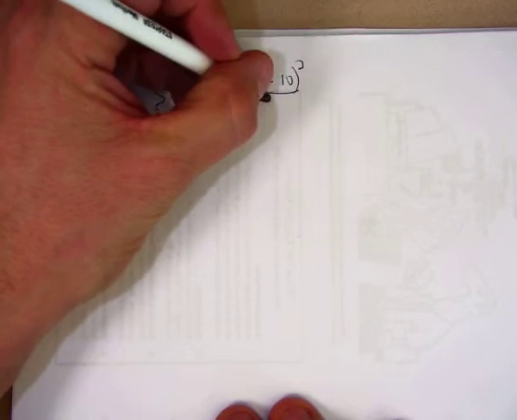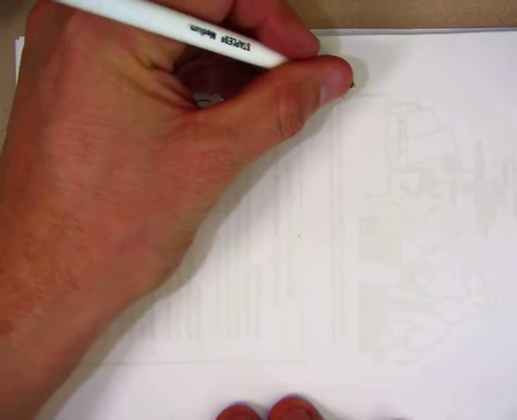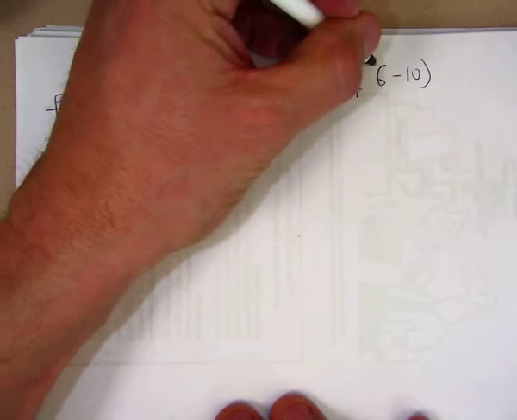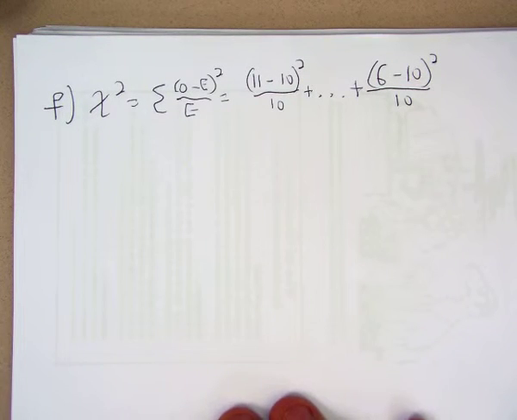So for a 1, we actually had 11, but we expected 10. And then I'm going to add up to my expectation for 6. So for 6, actually 6 came up, and I expect 10 there. So that's me showing the math piece. Then we've got to put it in the calculator.